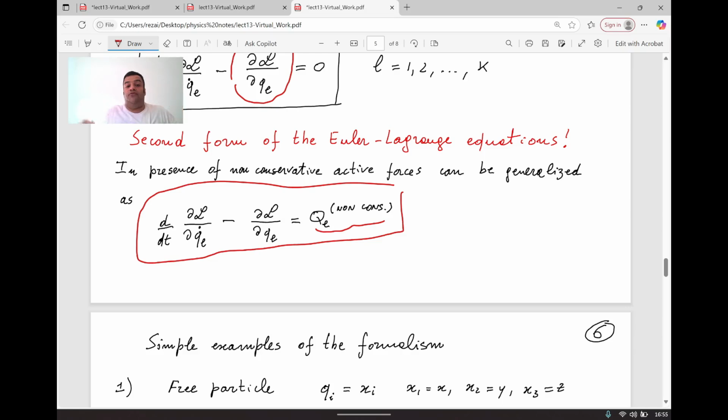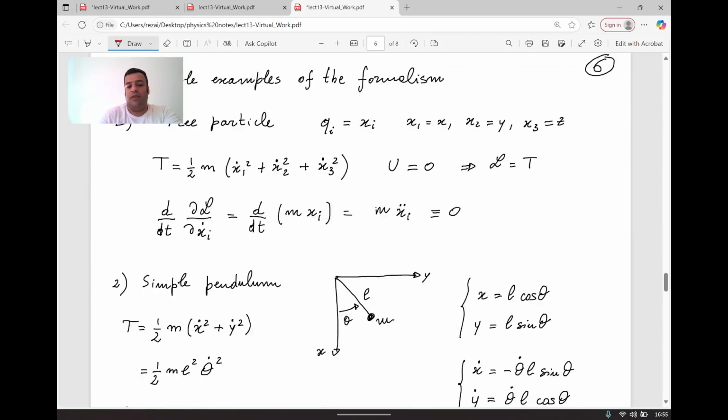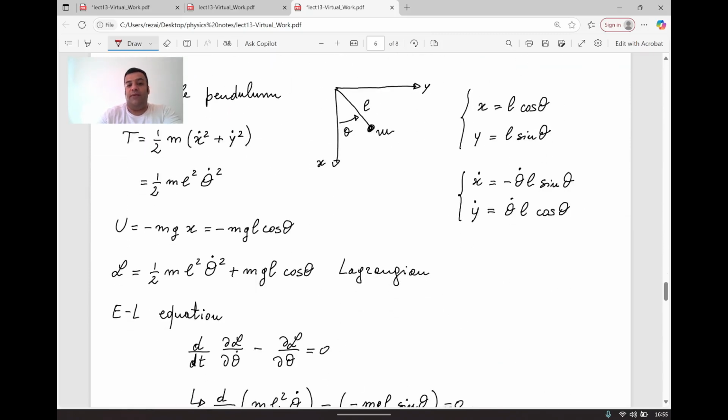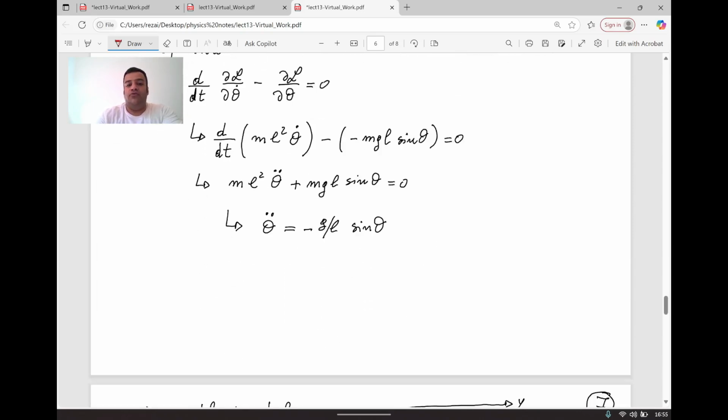But if you want to understand it better, also 2 days ago I solved this question, you must solve a lot of questions using this formula.